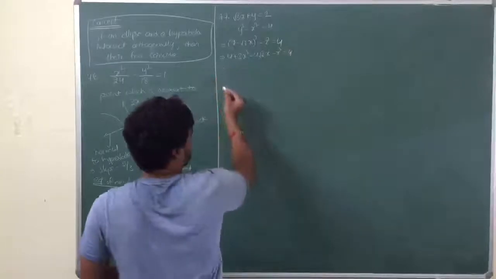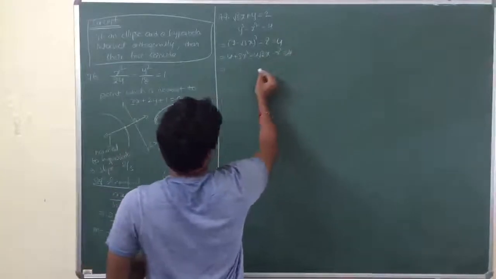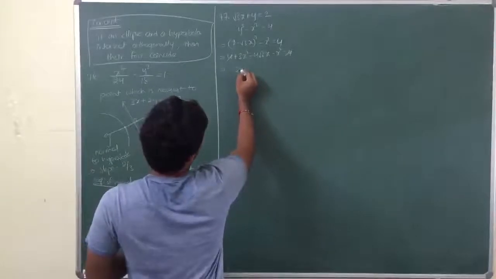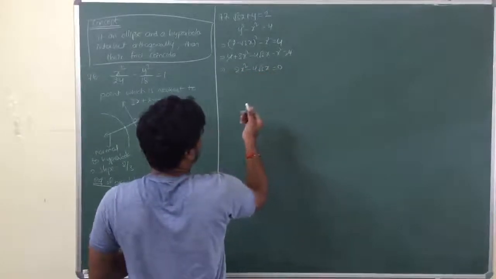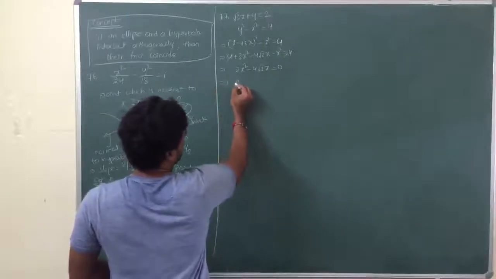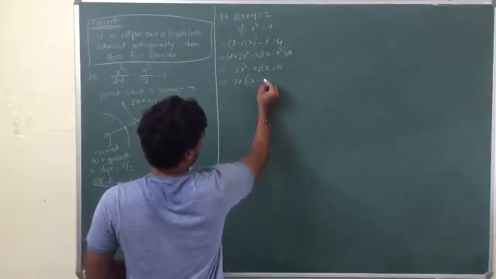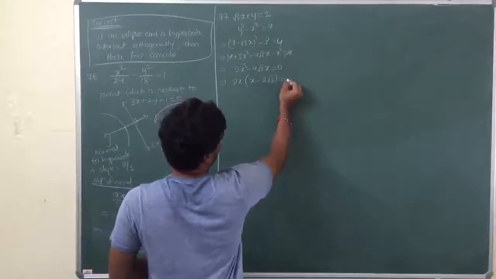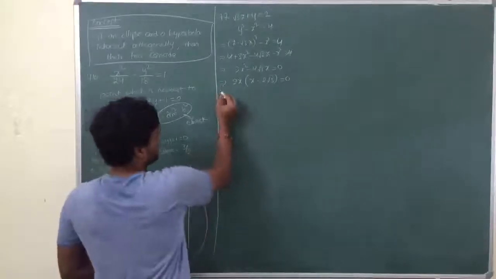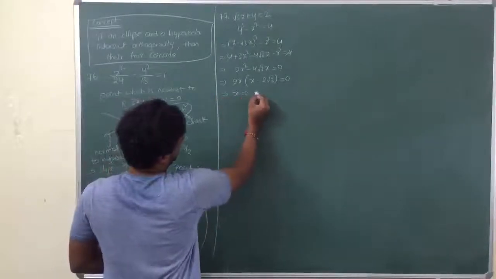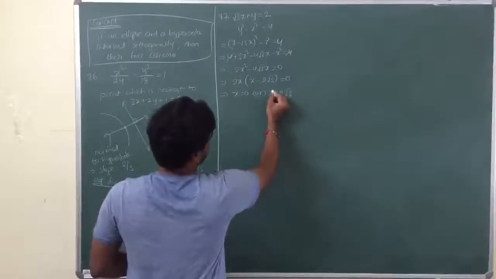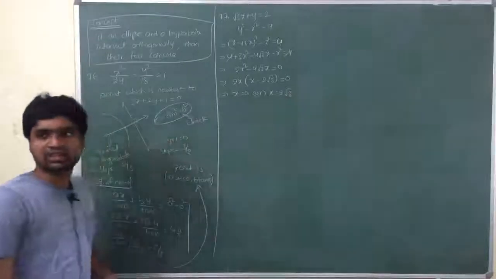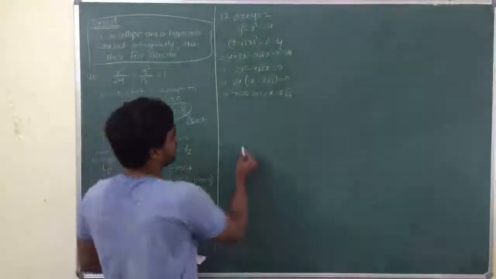This is another method besides homogenization. 4 4 cancel. 2x square minus 4 root 3x is equal to 0. So 2x common, x minus 2 root 3 is equal to 0. Okay. So x is equal to 0 or x is equal to 2 root 3.